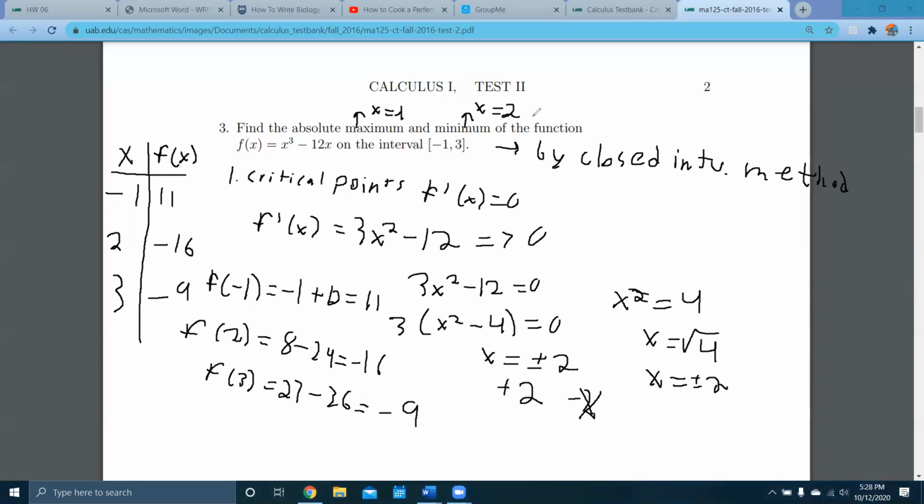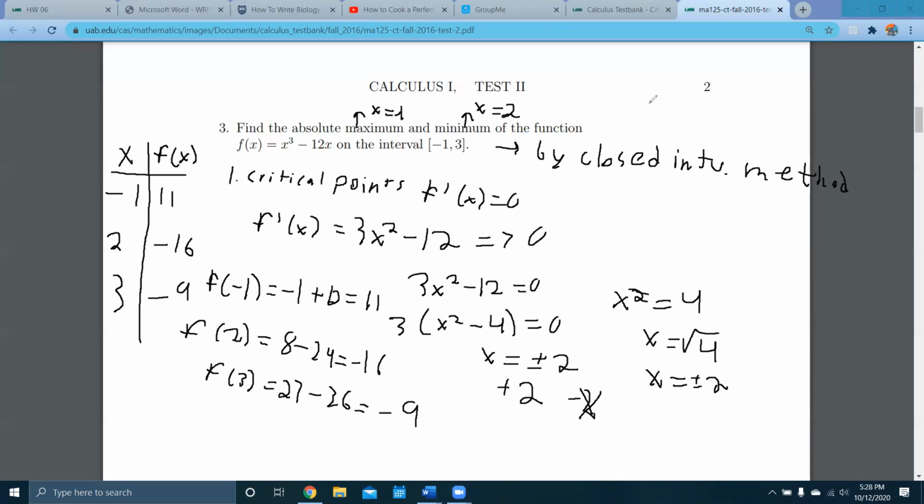And those are absolute maximums and minimums on the interval -1 to 3 using the closed interval method. But you don't list the solution that we got, like 11 or -16, for the max and min. No, that's only used to find which one is the absolute maximum.